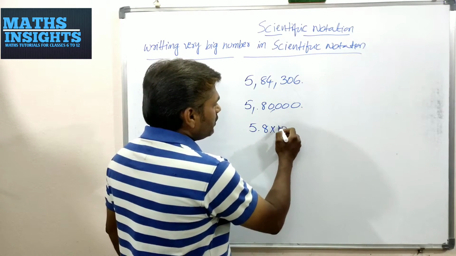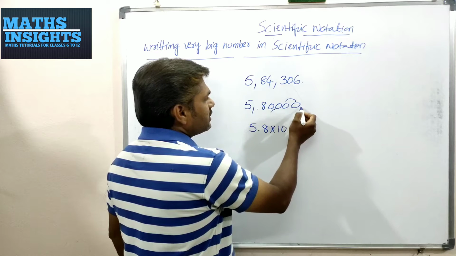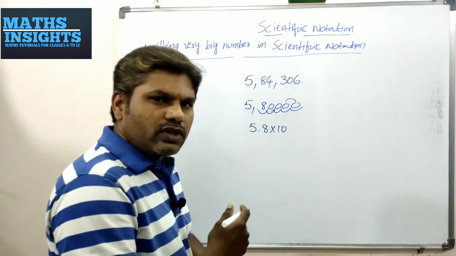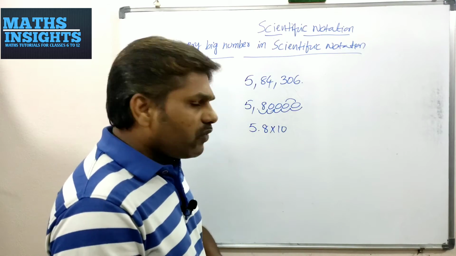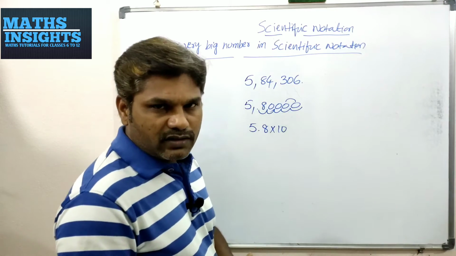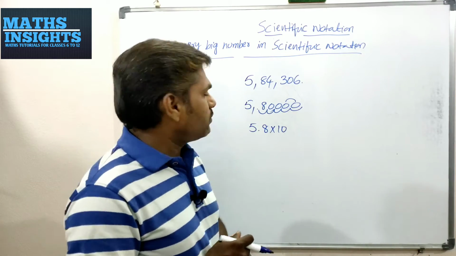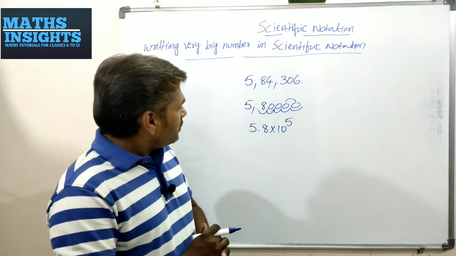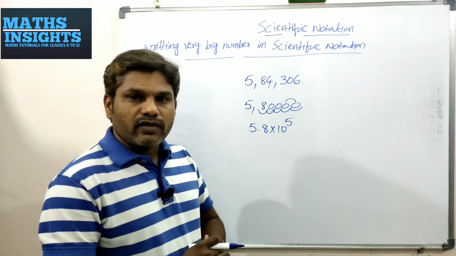You moved the decimal point by 5 places towards the left. Therefore, I have to counterbalance to restore the value of the number. Therefore, I will write 5.8 into 10 power 5.